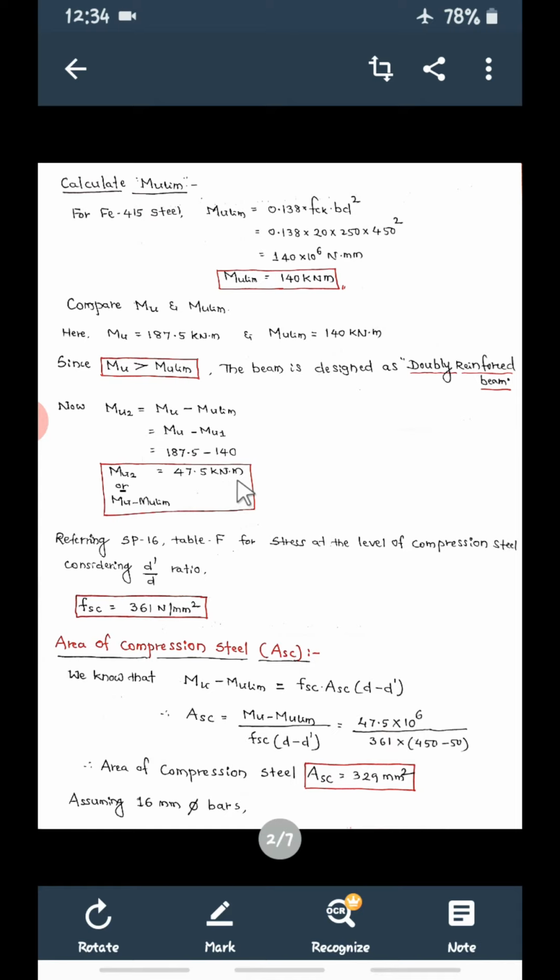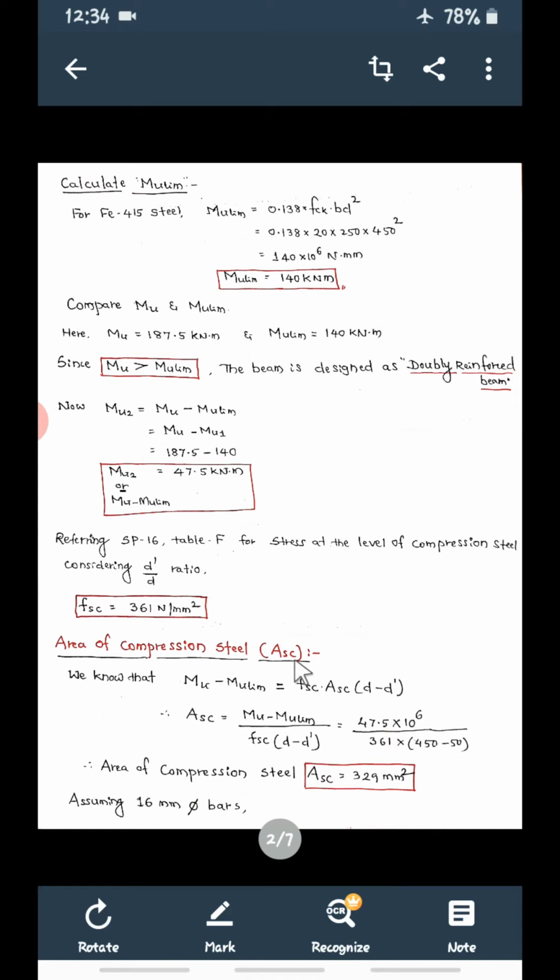Whatever the Mu limit or Mu1 is, that will be the maximum bending moment for the singly reinforced beam. Then the remaining moment will be taken care of by Mu2. Now Mu2 will be 47.5 kilonewton meter.